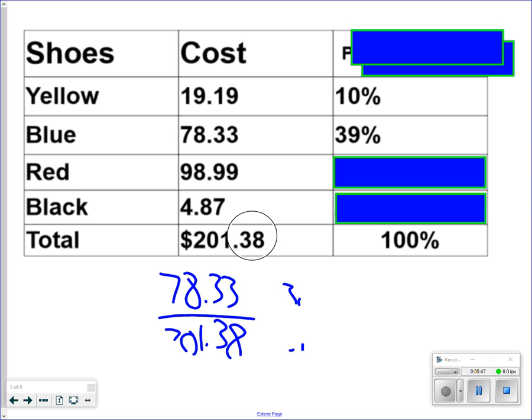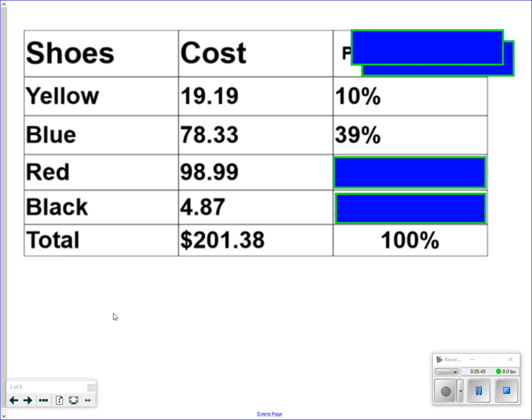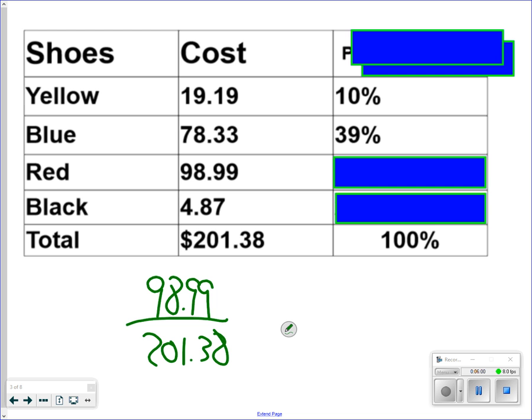Keep cruising along here. I want you to follow along, see if you understand what's going on. For red, it's 98.99. I'm going to divide that by 201.38. Let's see if we can estimate. 98.99 is almost 100, so we should be pretty close to 50%.